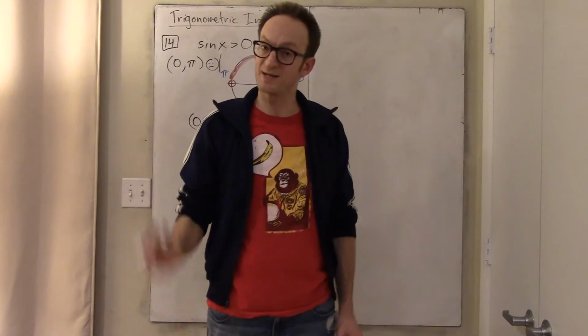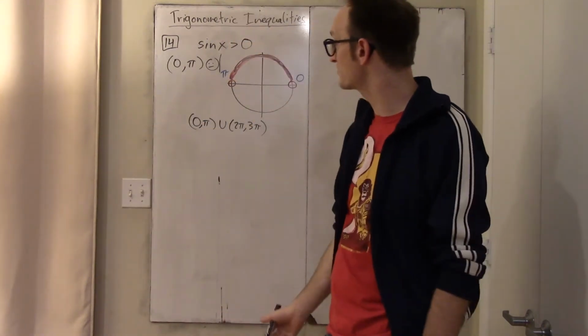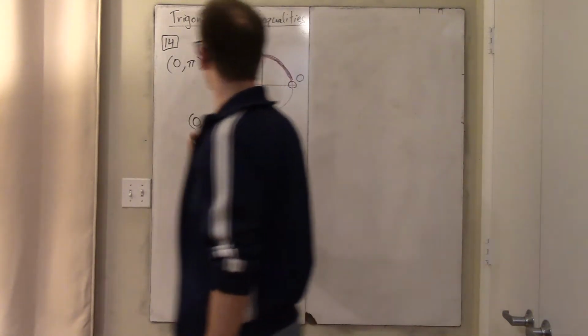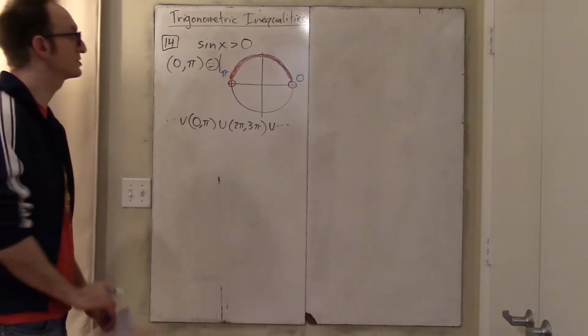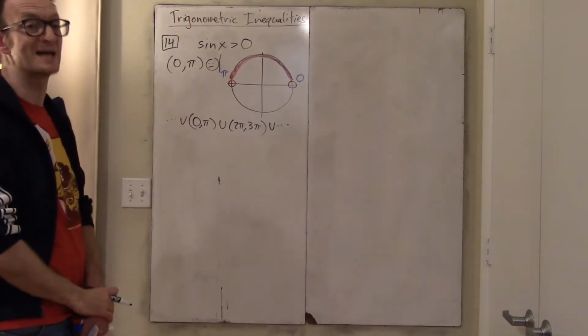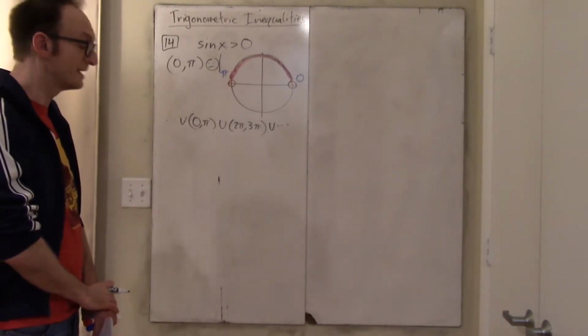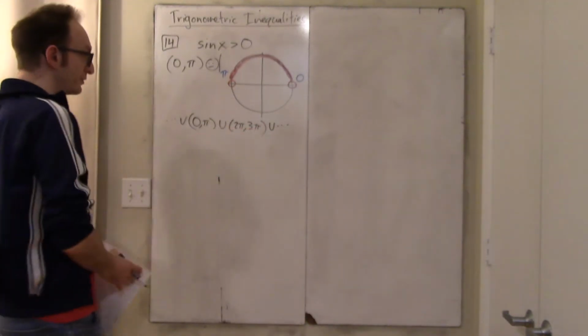And it's just a fact that if you take the sine of 2.5 pi or something, you're going to get something positive. So this certainly deserves to be mentioned. And this is going to go on forever and forever backwards as well. And so the answer to this problem, stated as a set of real numbers, is going to be an infinite number of real numbers composed of the union of an infinite number of intervals.